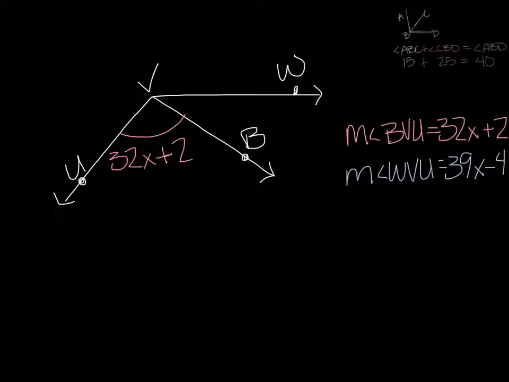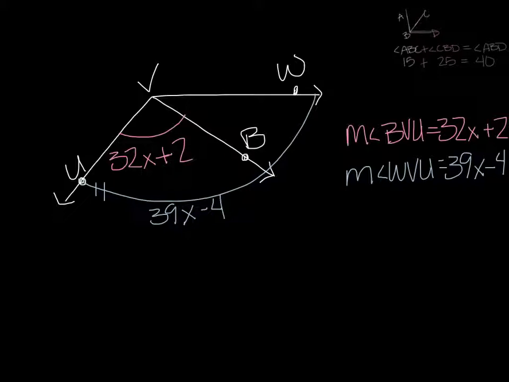Notice that WVU is this larger angle here from W to V to U, so this whole larger angle. Let's label it while we're here, 39x minus 4.